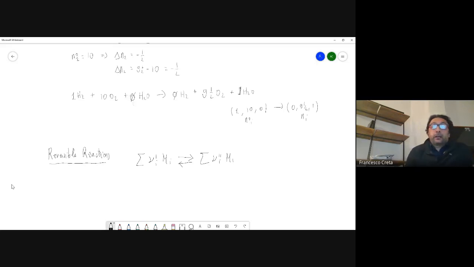Well, indeed, there is a limit to how far right you can go, because look at this guy here. You only have 1 mole of hydrogen to react with the oxygen. So at some point, when you're going all to the right, you will end up using the overall hydrogen content.